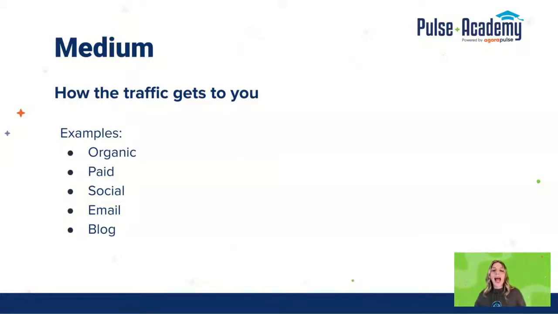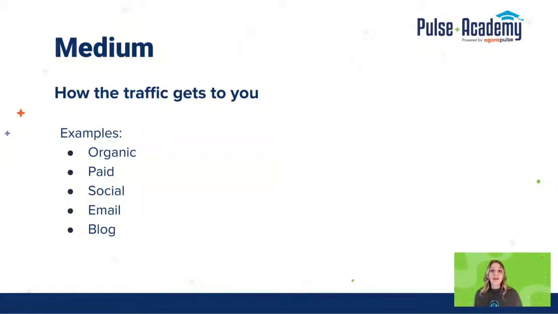What is the type of traffic that's coming? Just truly the medium. Examples of that would be: is it organic traffic? Is it paid traffic? Is it social traffic from social media? Is it coming from your email? Is it coming from your blog? These are big buckets of mediums that we use to drive traffic to a website.